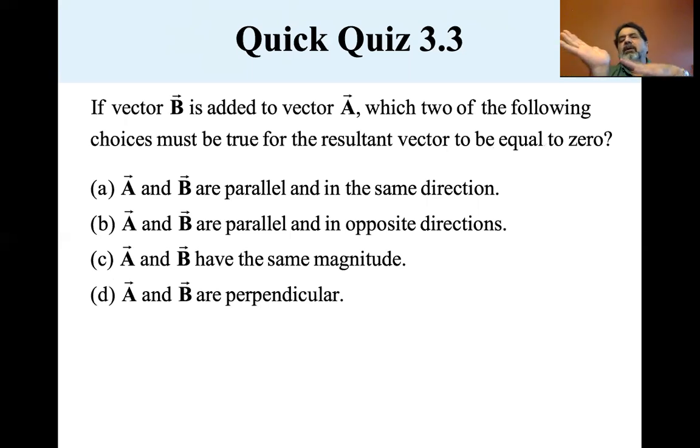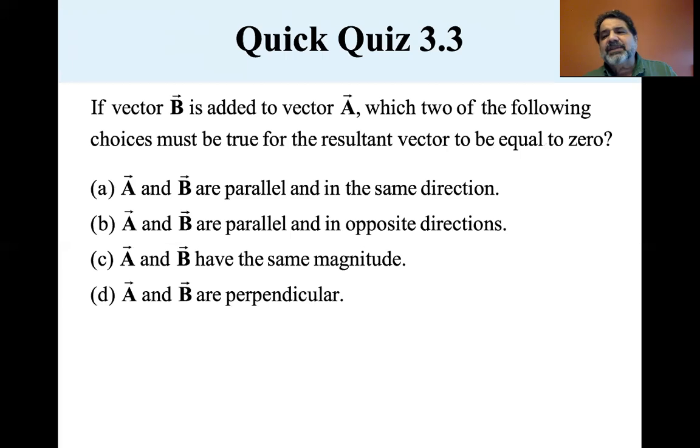Well, if A and B are parallel and in the same direction, it's going to be twice, like 2A. So that's not it. A and B are parallel and in opposite directions. Well, yes, but is that sufficient? If A and B are not of the same value, that's not sufficient. If one is longer than the other, then you're not going to get 0.